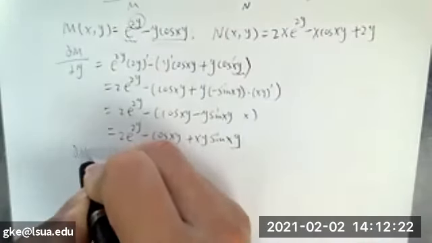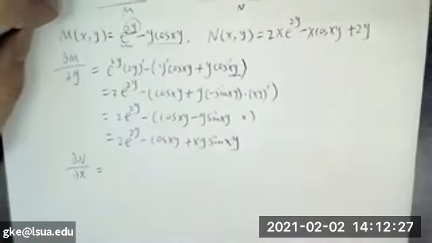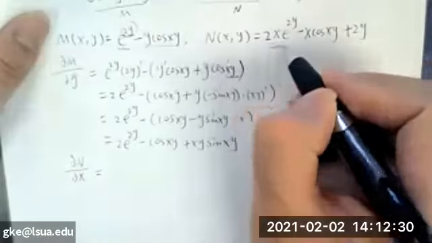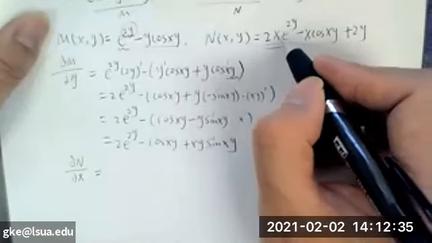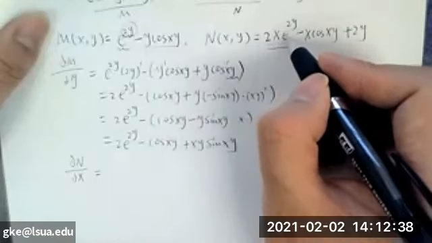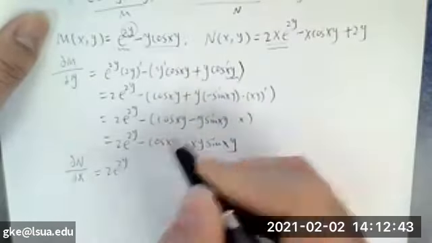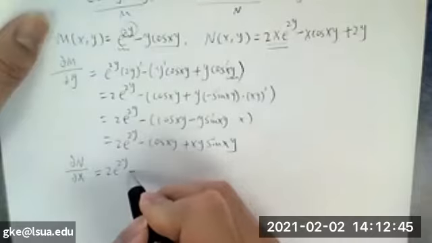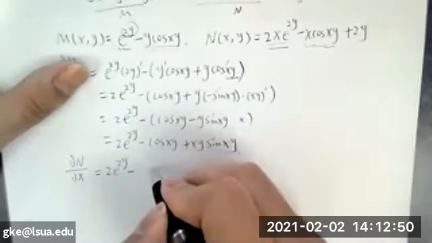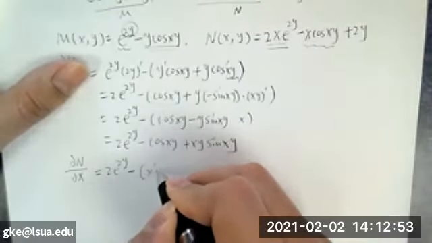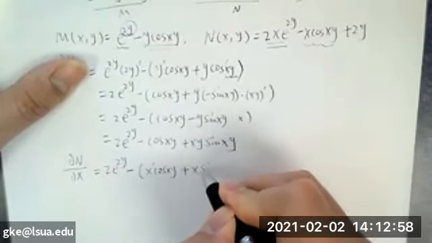And the second one is going to be partial N over partial x. So we're going to do the same thing. We do the derivative of this, which will be the coefficient; we treat the other terms as constants, so 2e^(2y) is going to be a constant. This one should be very easy. And the second term is going to be the product rule, right? I can write down the product rule. Sorry.